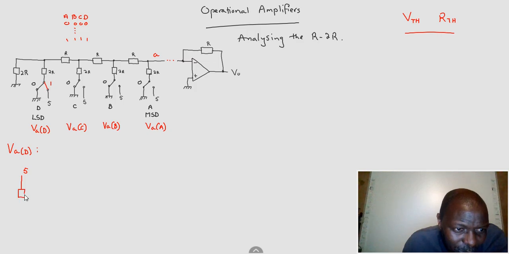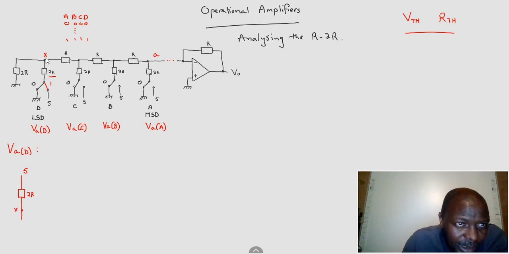This is our supply through the 2R resistor to that point there. Right, let's call that point there X. So this is point X.